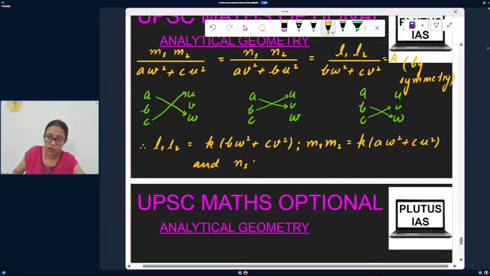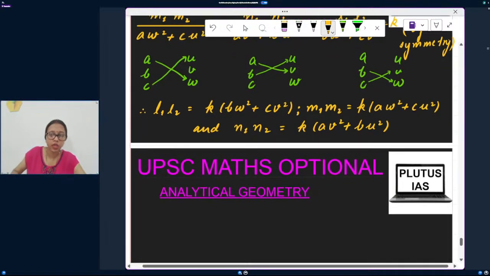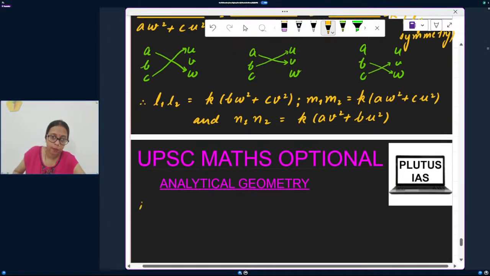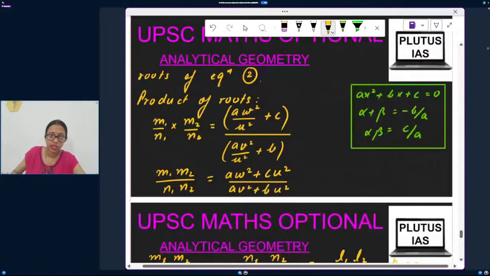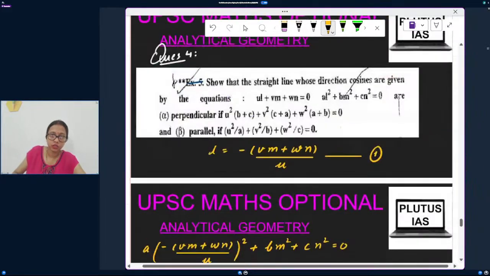And N1 N2 is k times av square plus bu square. Okay. Number one. Now, if lines are perpendicular, then L1 L2 plus M1 M2 plus N1 N2 equals 0. We have to prove that lines are perpendicular if that condition holds. So I have to prove this condition.